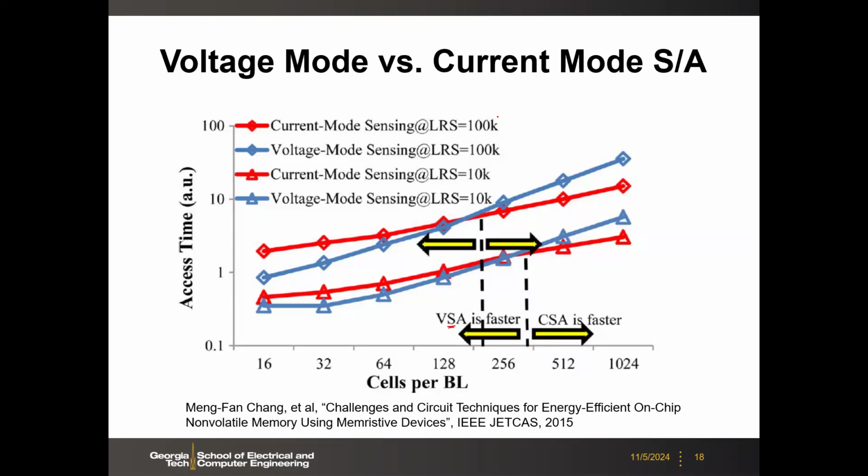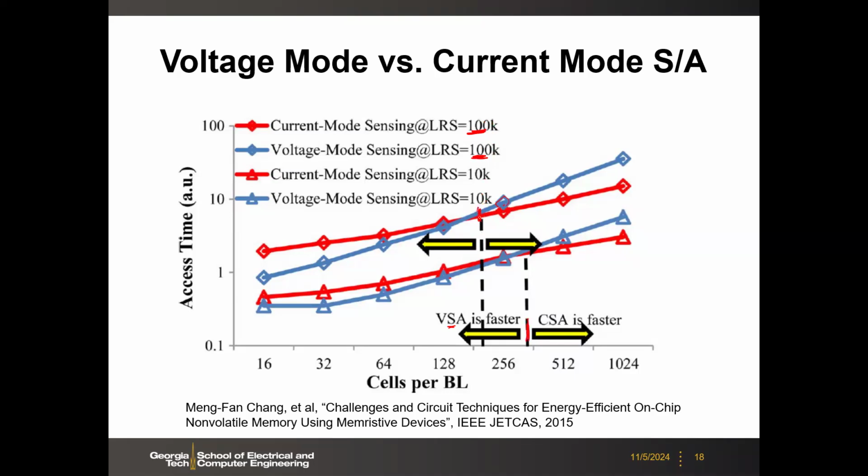And also depend on the resistance. Okay. If the resistance you are going to sense is, let's say here, for example, 100K, which is this one. So you see that the break-even point will shift.